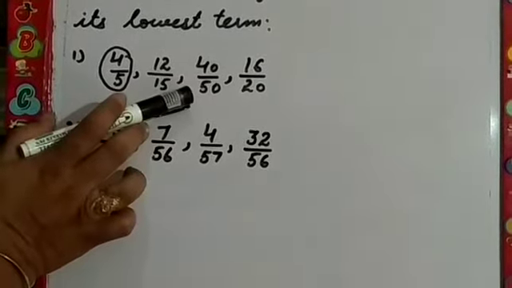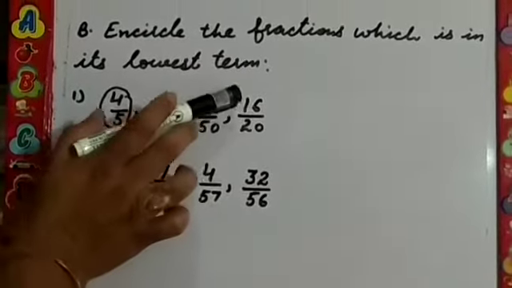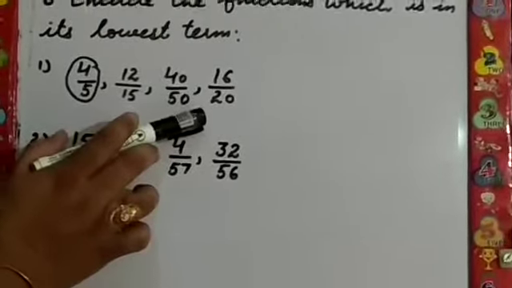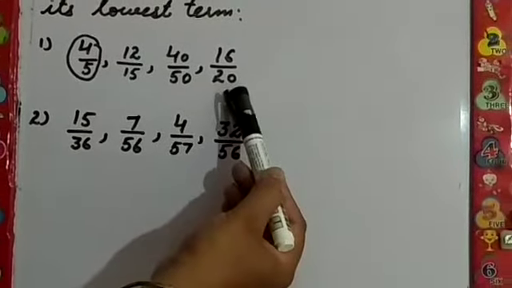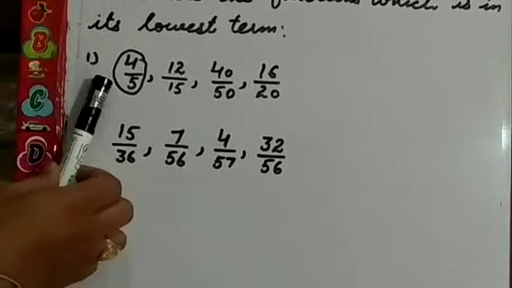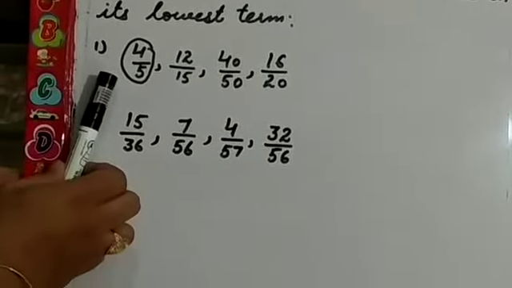It means these numbers are divisible by 10. 16 by 20, 16 and 20 both are divisible by 4. It means this is also not in lowest form. So from the first part, 4 by 5 is the fraction that is given in lowest form.